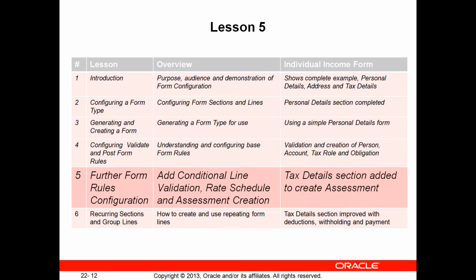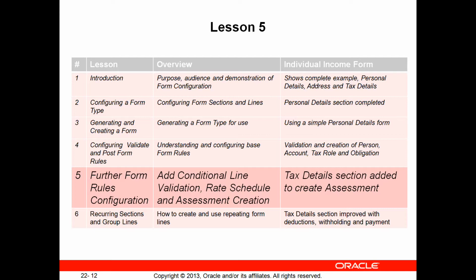Then we'll move on to Lesson 5, where we're going to add in some further form rule configuration, and we're going to add in a very important one called conditional line validation. That's basically doing some basic arithmetic in a form rule that can check lines based upon some simple subtraction and addition and logic to make sure that the lines add up.